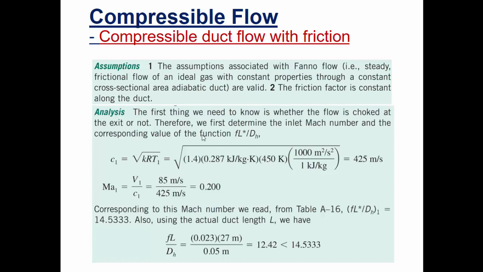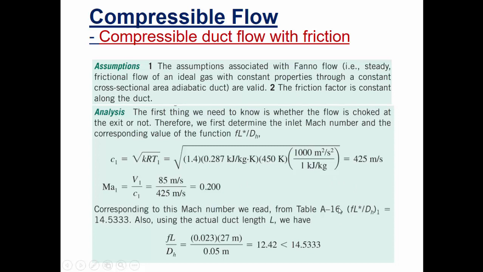So from the speed of sound equation, we can find out that the speed of sound for this flow is 425 meters per second. From there we can find the Mach number, where the Mach number is equal to 0.2. Then turn to Table A16 at the back of the book.